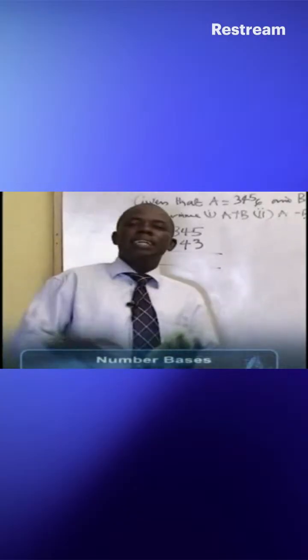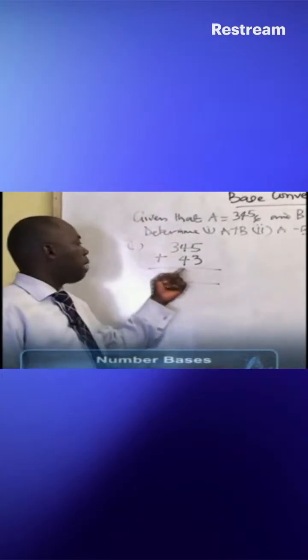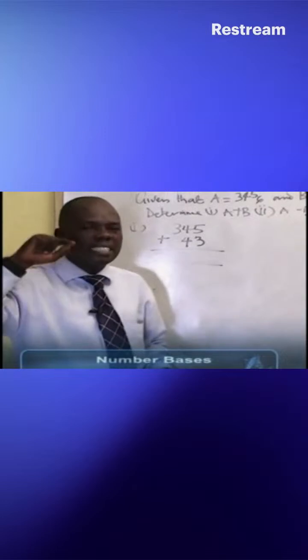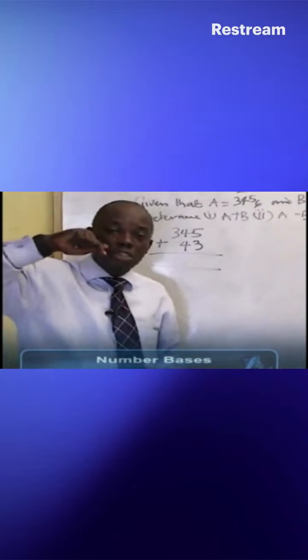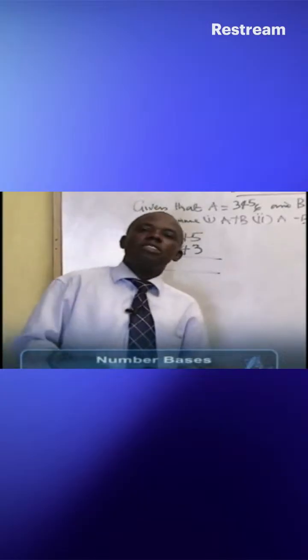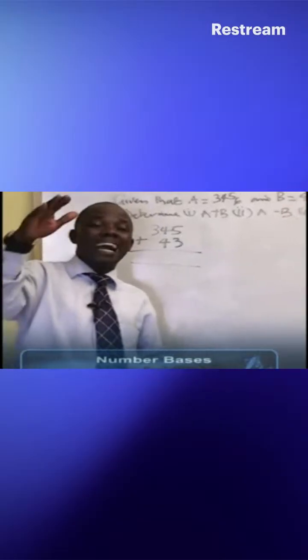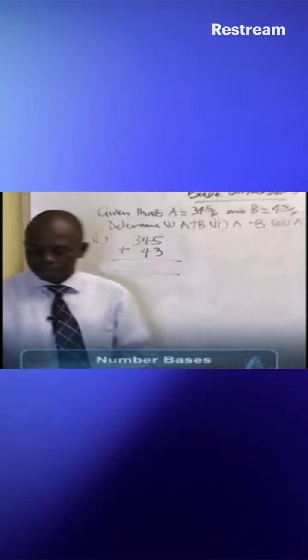When you are working in base 6, you must never write any digit here that is above the specified base. You cannot even write 6 itself. You can only write digits from 5 downwards because you are operating in base 6.